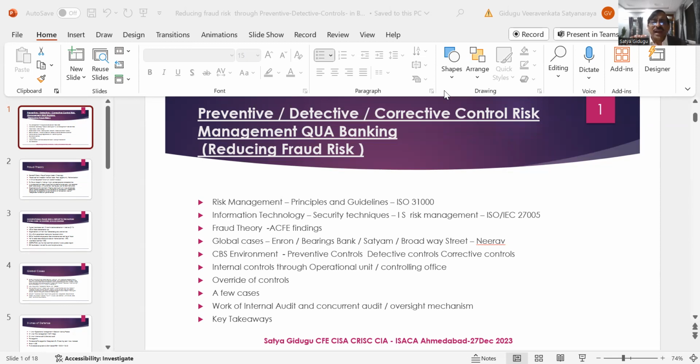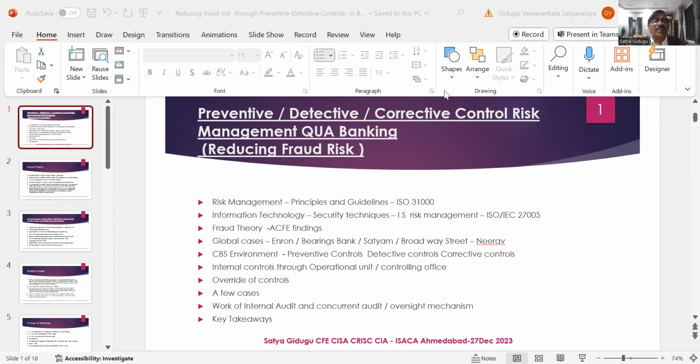And the bank has the Broadway Street branch. The Treasury Department has opened several LOUs, letters of undertaking, without the adequate limits available for Mr. Nirav. 10,000 crore is the exposure to the bank. That's a live case, a 3-year-old case.